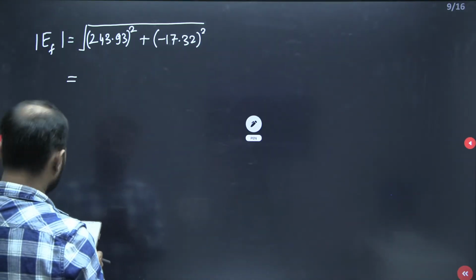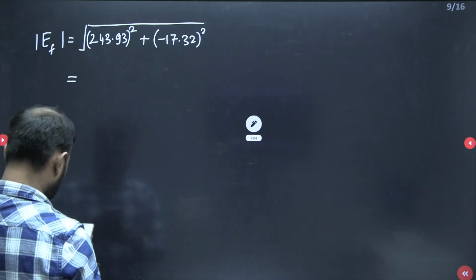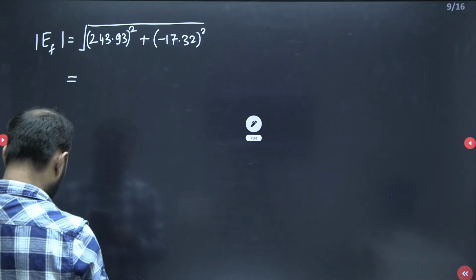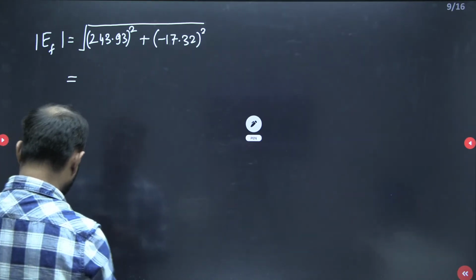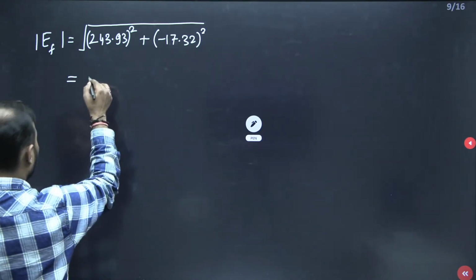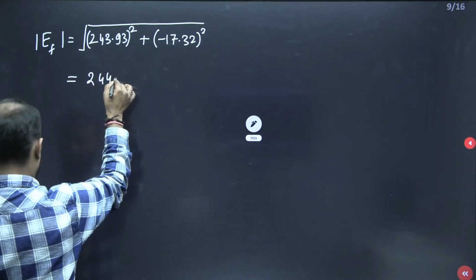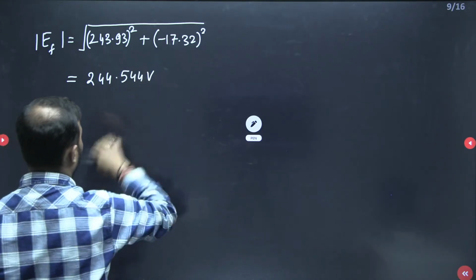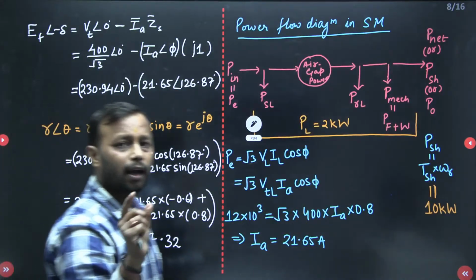Let me simplify this: 243.93 whole squared plus 17.32 whole squared. So we will get the value as 244.544 volt. So this is your per phase induced EMF.